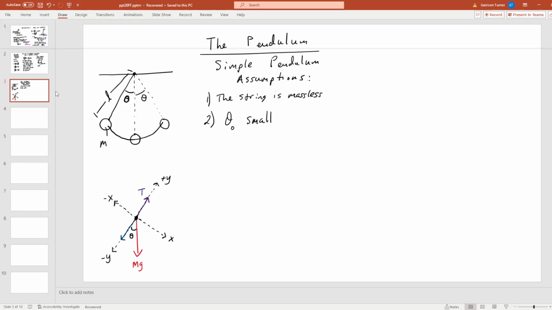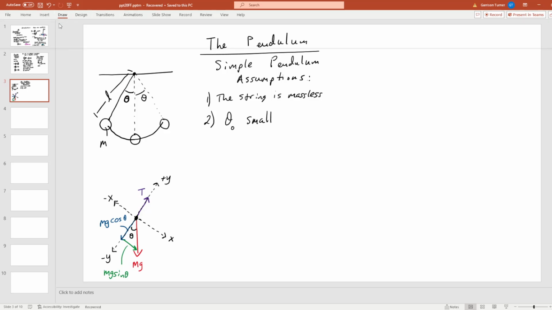Now, this component is then going to be mg cosine theta, and this component is going to be mg sine theta, right? And I should have made my tension and my mg cosine a little bit longer to fully complete the right triangle, but you get the idea, okay?